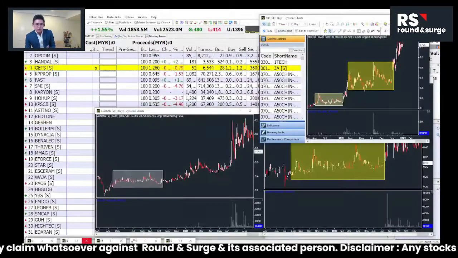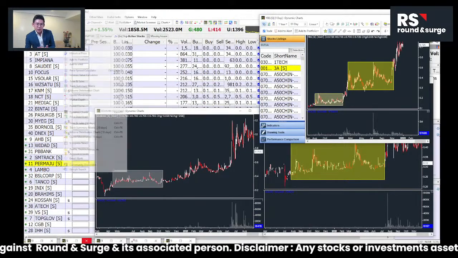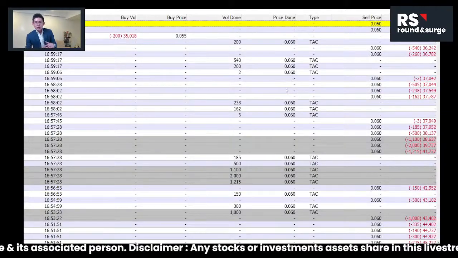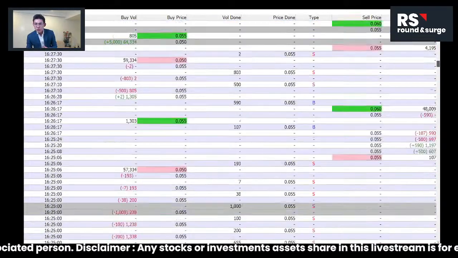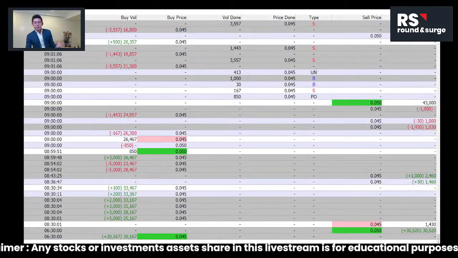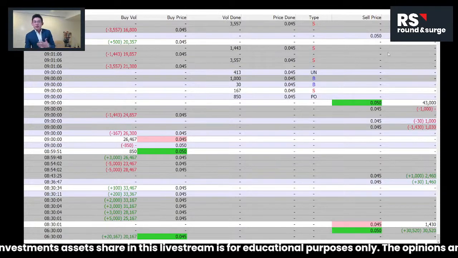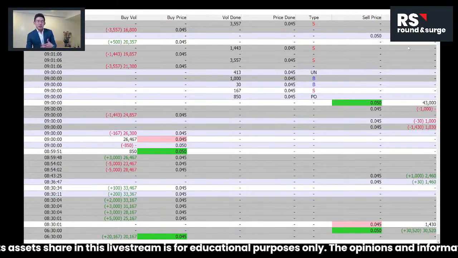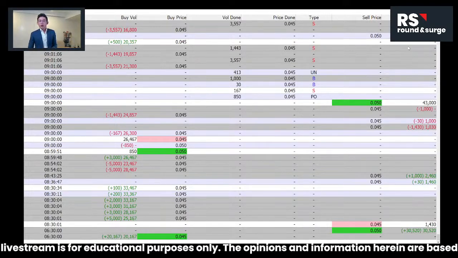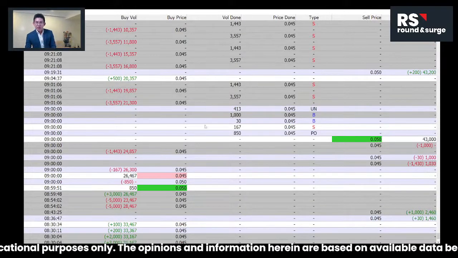The left side here is the buy volume. In the middle is the volume done and also the price done. The right side is the sell price and the sell volume that is parked at the sell queue. So it tells us how much is transacted each time.